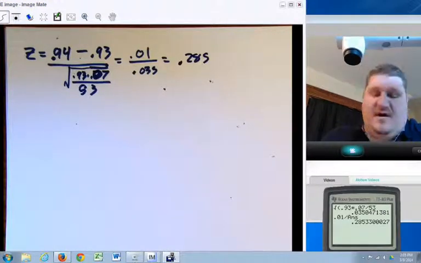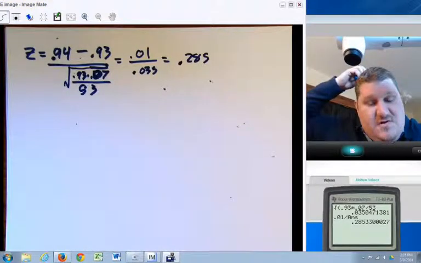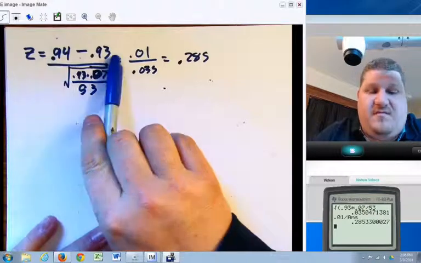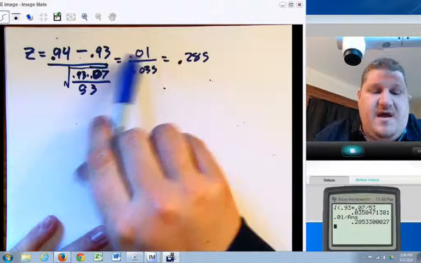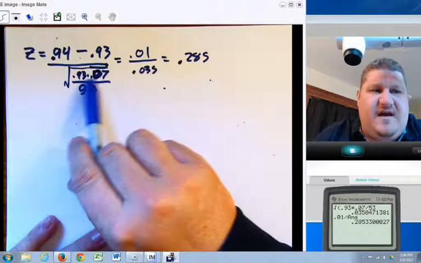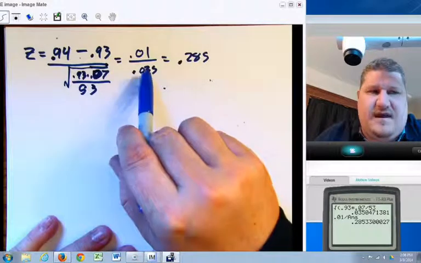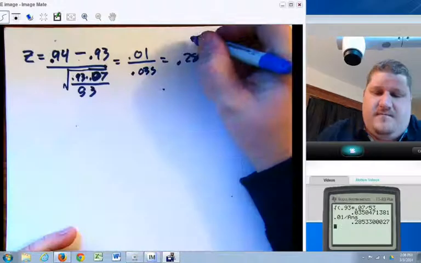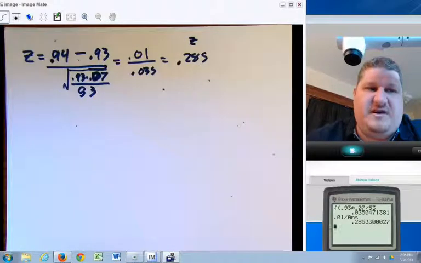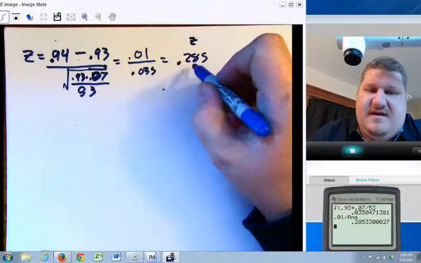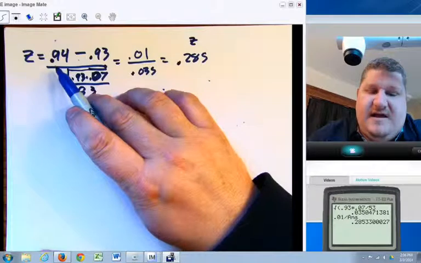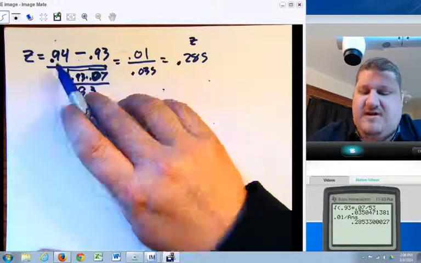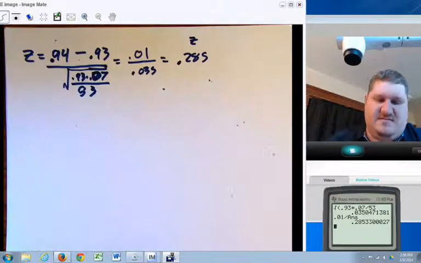Okay, by doing a few calculations, we come up with 0.94 minus 0.93 is 0.01. I do all of this as one unit, put the number right here. When I do that division, I get a z-score of 0.285. Now, does that make sense? Well, 0.94 is above average, even though it's not very much above average, so that seems to make sense.